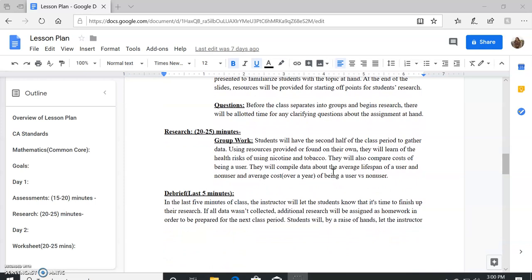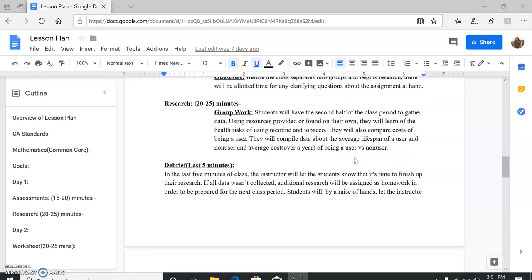They will get into a pair and research together using resources provided, or they can go and find their own. They'll learn of the health risks of using nicotine and tobacco, compare cost, and compile data about the average lifespan of a user and non-user, and average cost over a year. The last 5 minutes of class, I will let them know that time is up.